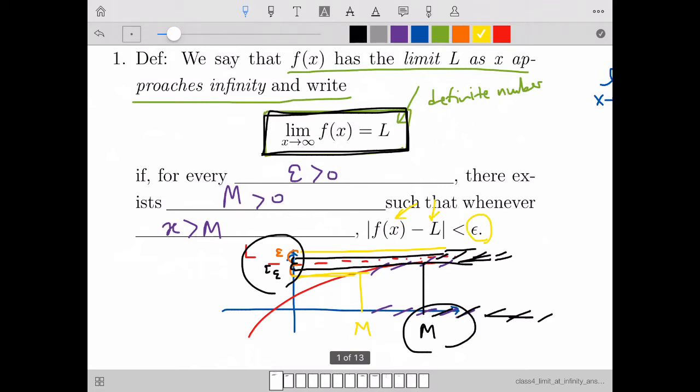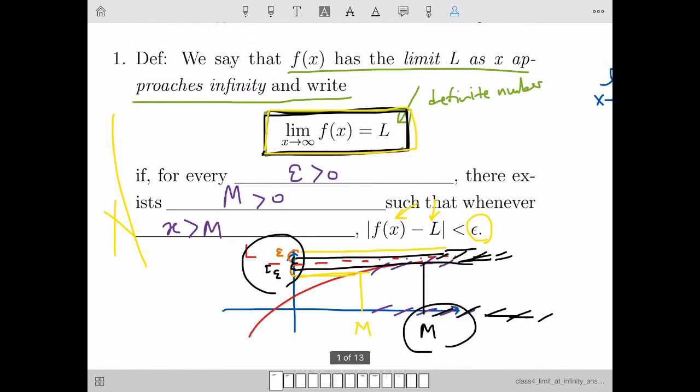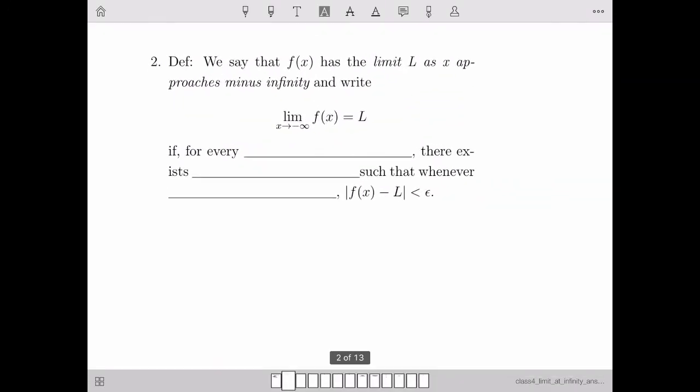So that's the formal definition of this expression. Okay, you don't have to memorize this. I'm just giving you the precise definition of what it means, but you don't have to memorize.